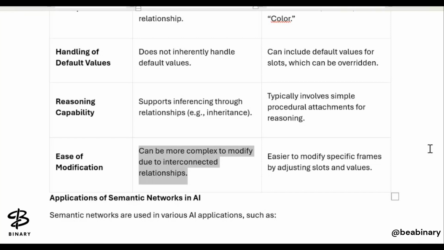So if we modify something, it will be complex in a semantic network. But in frames, we are using a modular approach, so it is easy to modify a specific frame by simply adjusting its slots and values. So this is the difference between a frame and a semantic network.